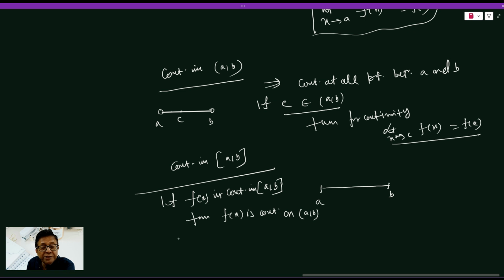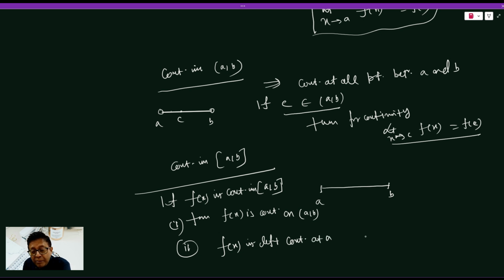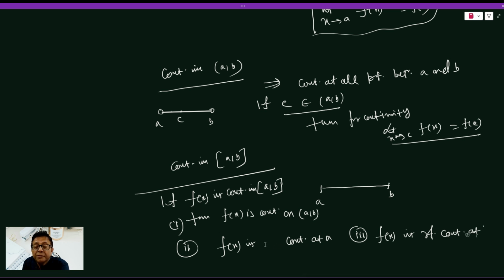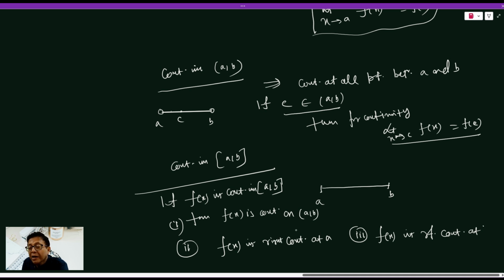This is the first condition. Number two, f(x) is right continuous at A, and number three, it will be left continuous at B.